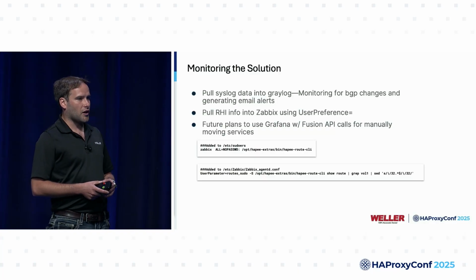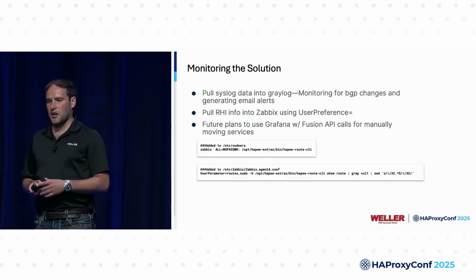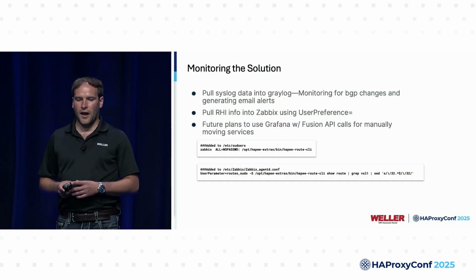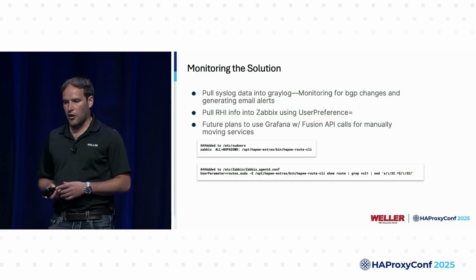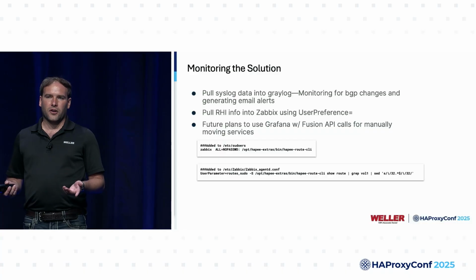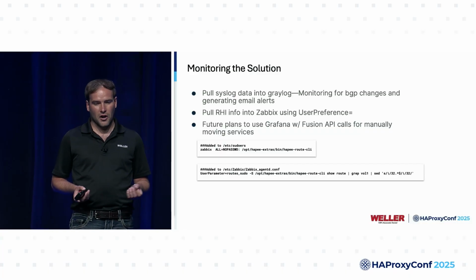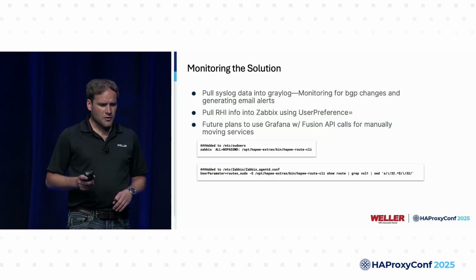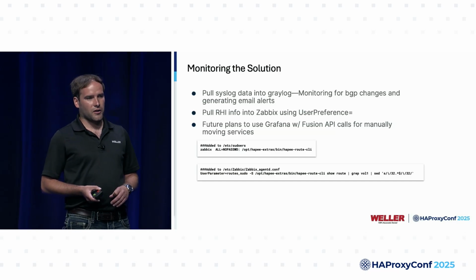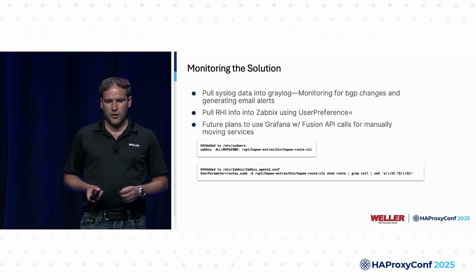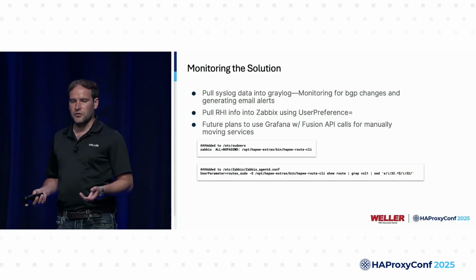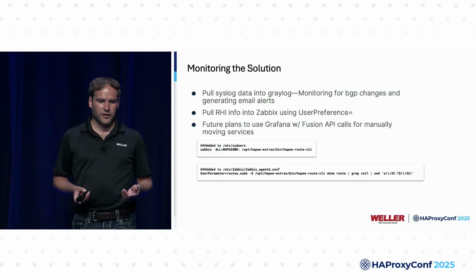And then another thing that I wanted to do was be able to show all the routes in the volatile table without having to SSH into one of our HAProxy nodes every time and run the command myself. So we already had a pre-existing Zabbix environment, and I wanted to leverage that since it's already sitting there. So we put the Zabbix agent on our load balancers. And there's a parameter in the configuration called user parameter.